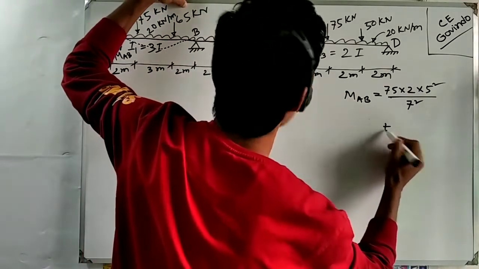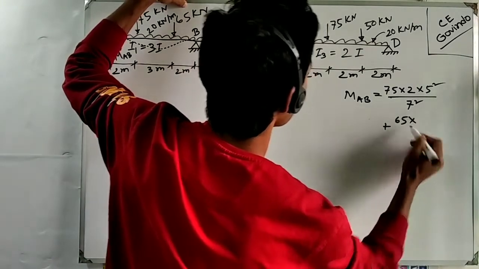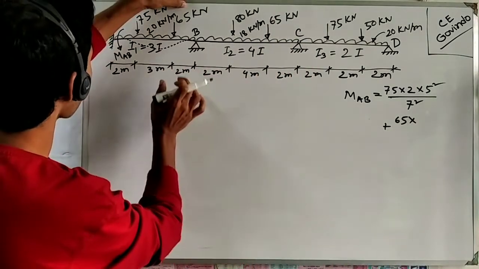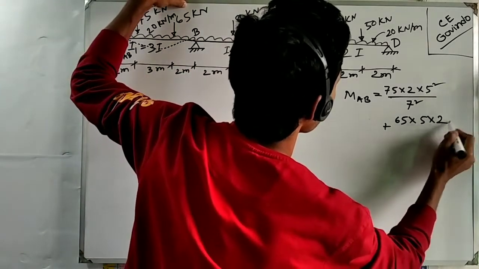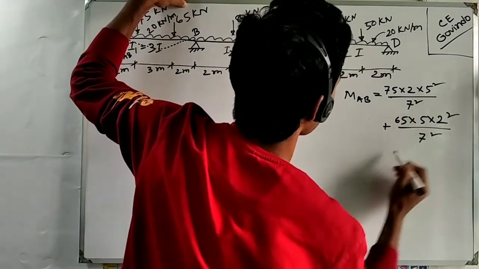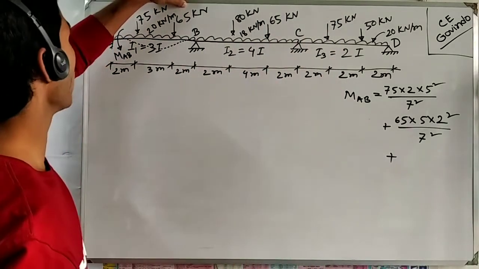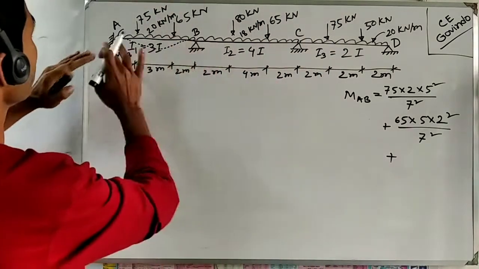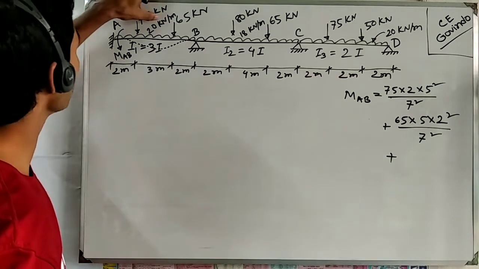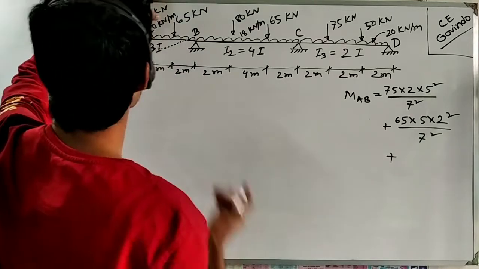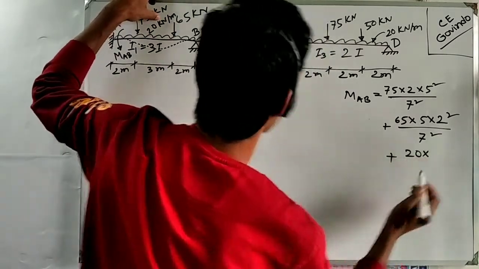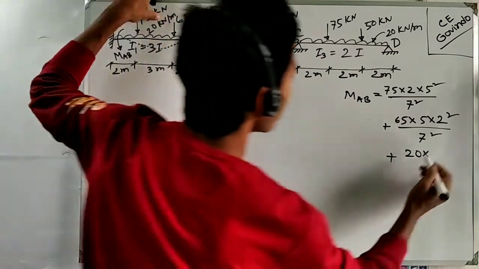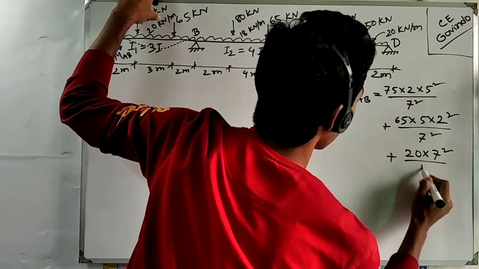For the point load of 65 kilonewton we will get the moment like 65 into this distance 3 plus 2, 5 into 2 square divided by 7 square. At the same time, a moment will arise for this uniformly distributed load, which is 20 kilonewton per meter, and the moment for this load will be omega L square by 12, that is 20 into, here the L value is 7, omega L square by 12.